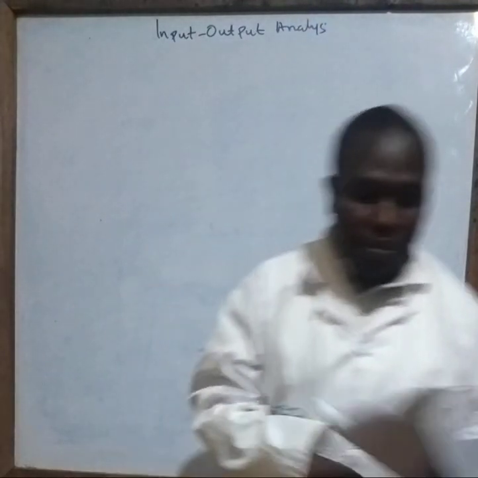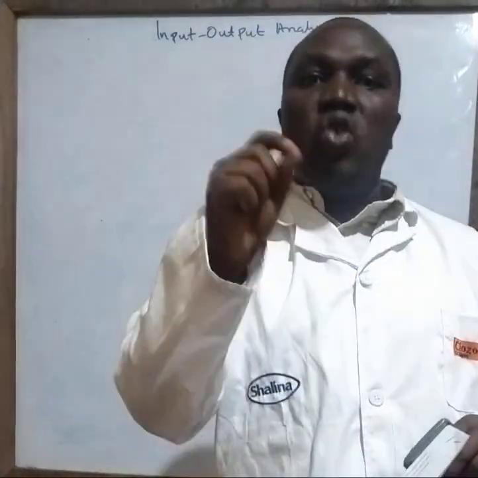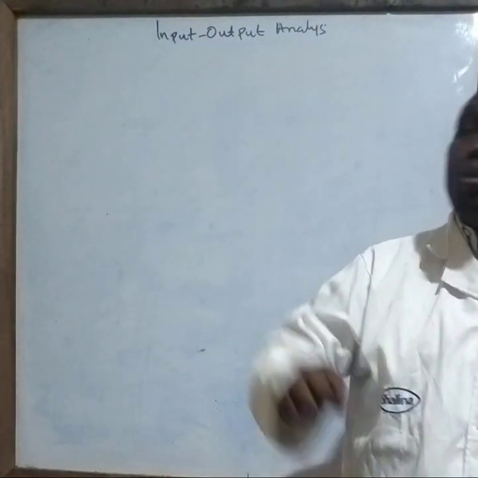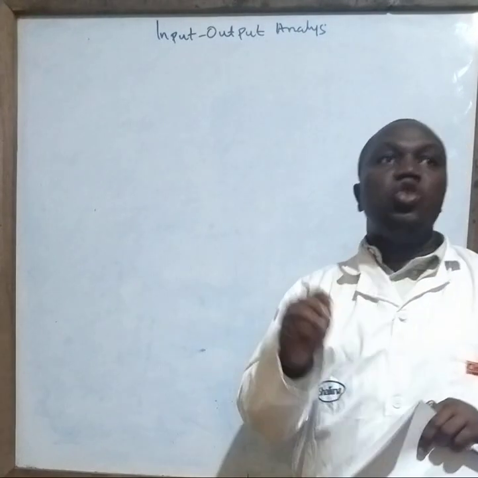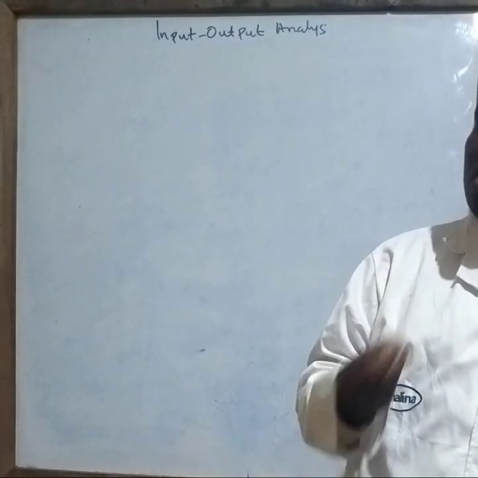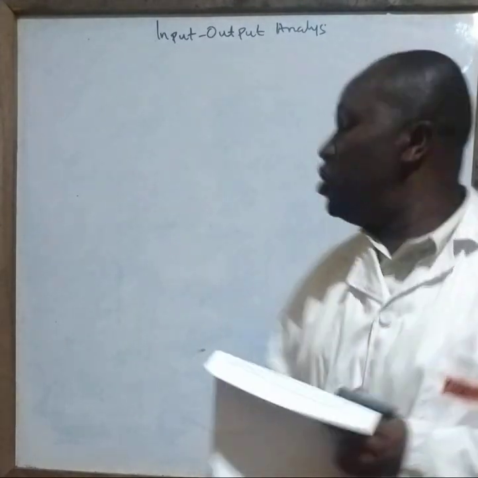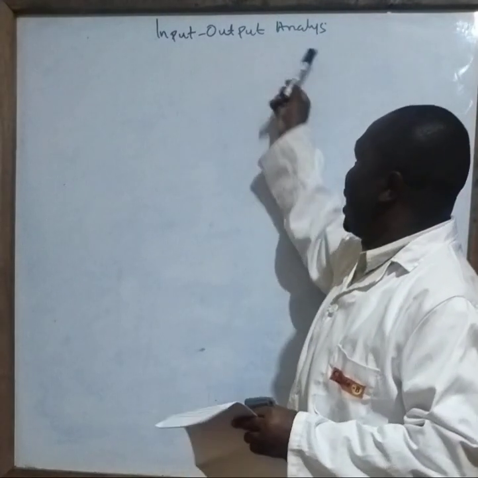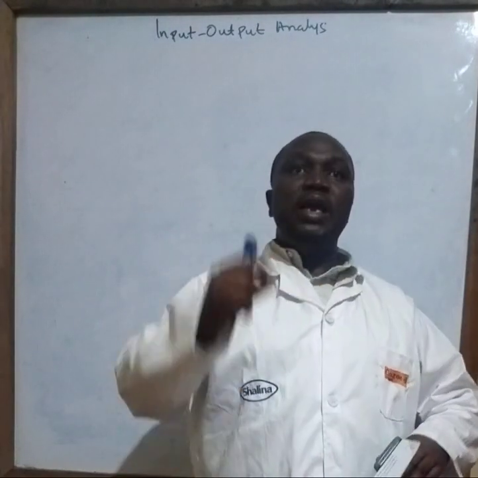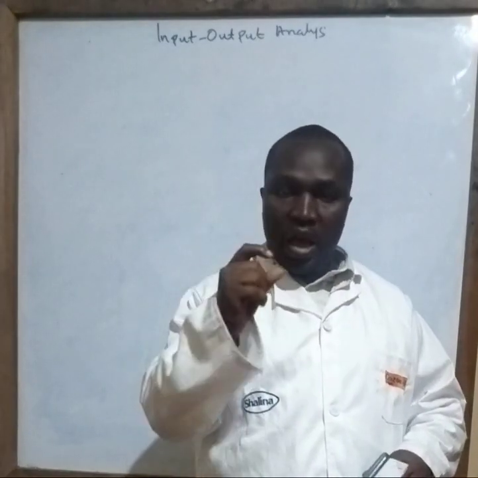Now, when you talk about input-output analysis, it's also called input-output model. When you go to other books, it is also called Leontief input-output analysis. So when you talk about input-output analysis, you are also talking about the Leontief model.